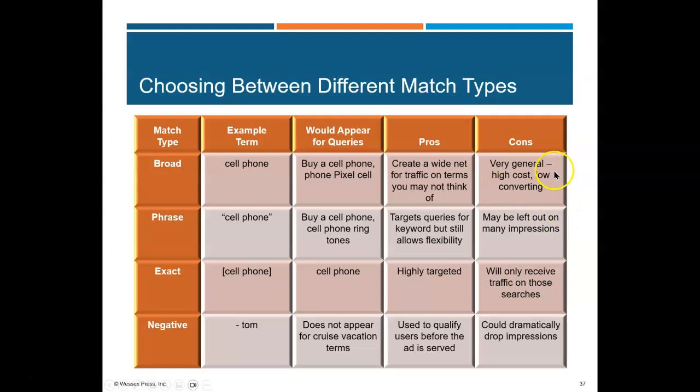So what you're trying to look for, this will provide you with target queries, that's a pro, but you may be left out on many impressions. So depending on what you want the results to be is how you will choose which match type is best for your marketing campaign.